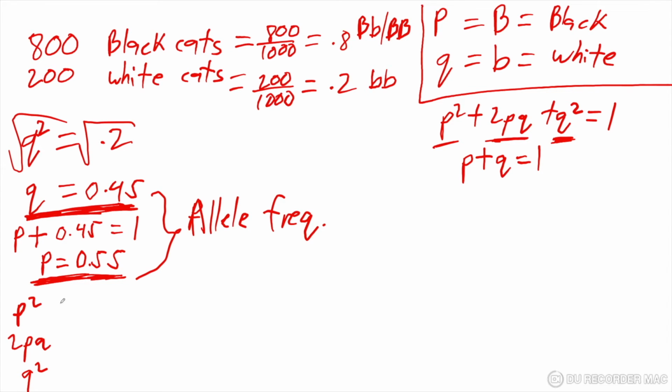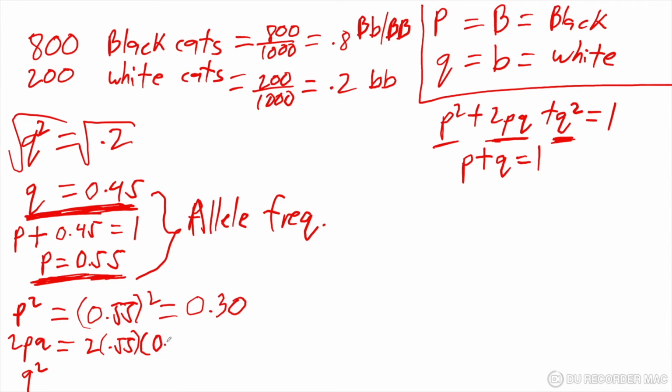Okay? So, to compute for P squared, you just need to plug in. So that's 0.55, right? Squared. And that would be 0.30. Rounded off again. Sorry for the handwriting. And for this heterozygous individual, that's 2 times P times your Q, which is 0.55. That would equal 0.50.